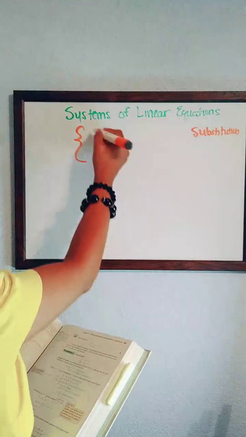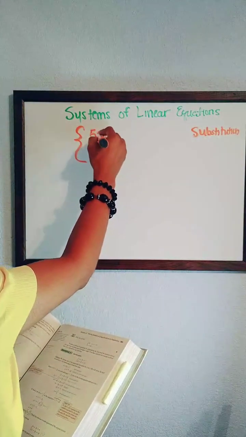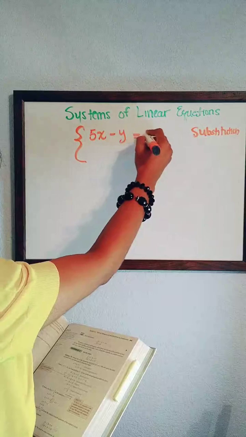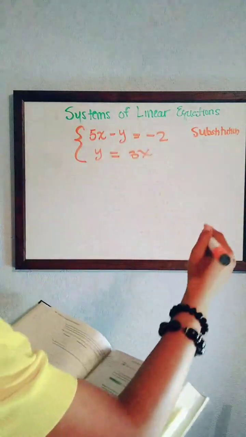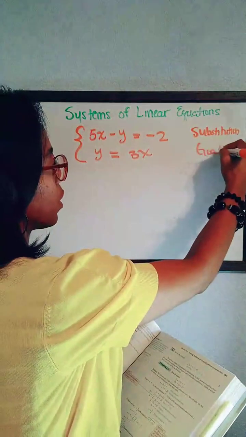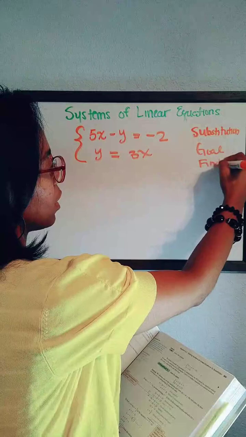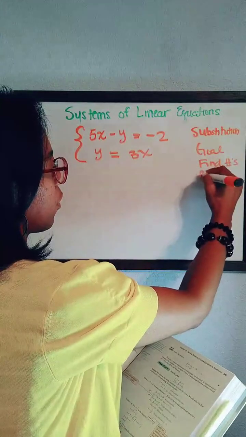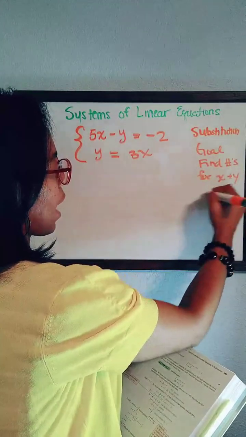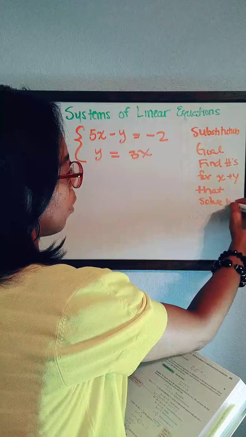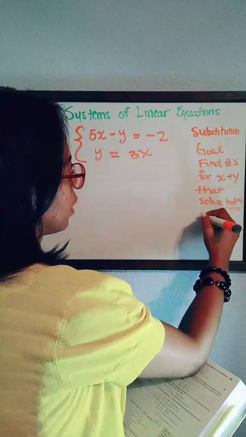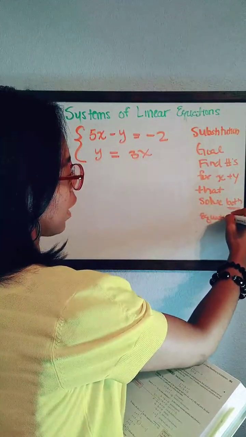All right, so let's say this one is 5x minus y is equal to negative 2. Y is equal to 3x. So our goal is to find numbers for x and y that solve both equations, okay?